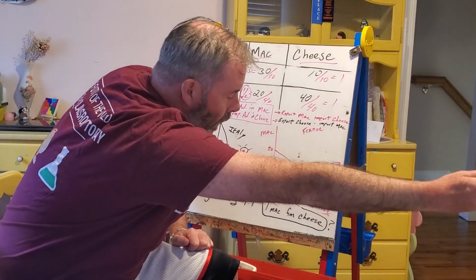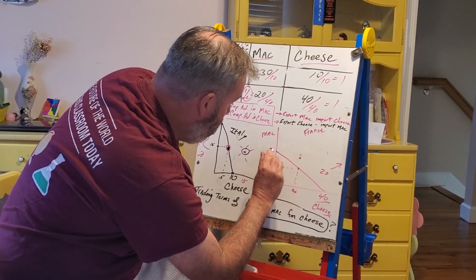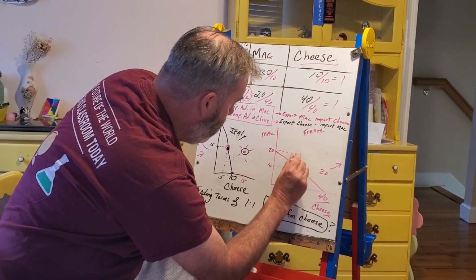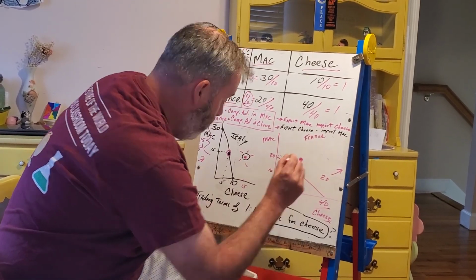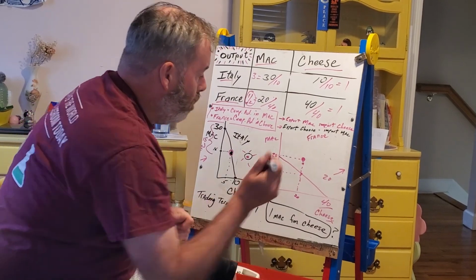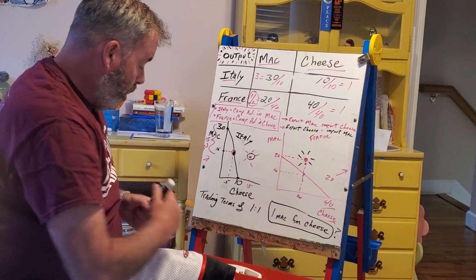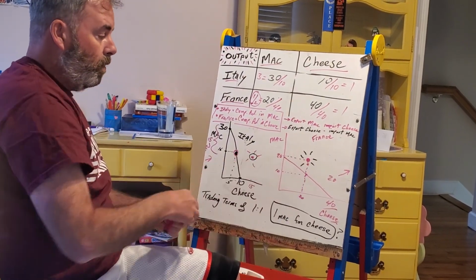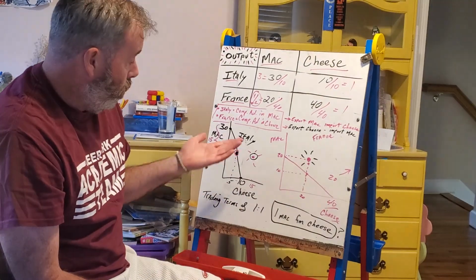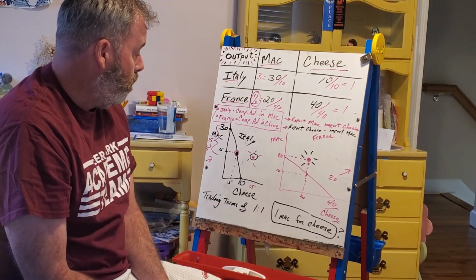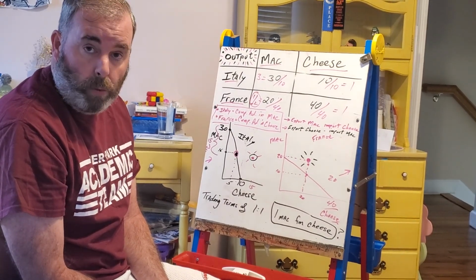They sold 20 cheese for 20 mac. That would put them there. Indeed, a 1-to-1 terms of trade ratio would benefit France because she would then be producing outside of her production possibilities curve, and it would also serve Italy well to conduct trade with terms of 1-to-1.